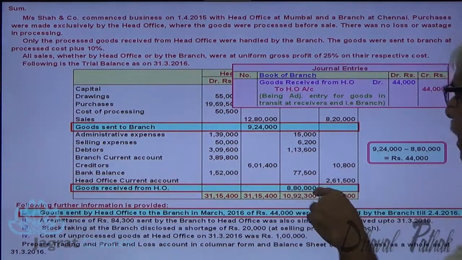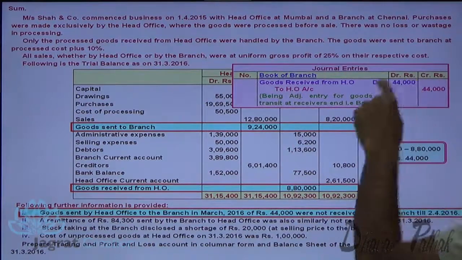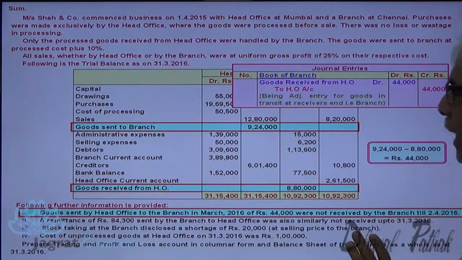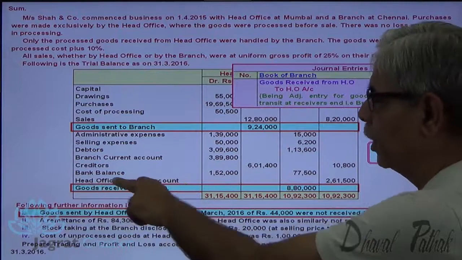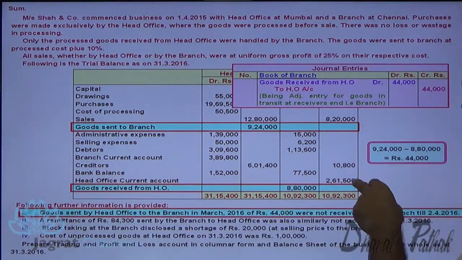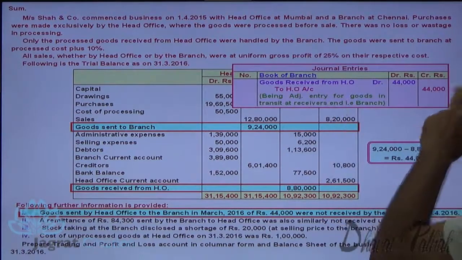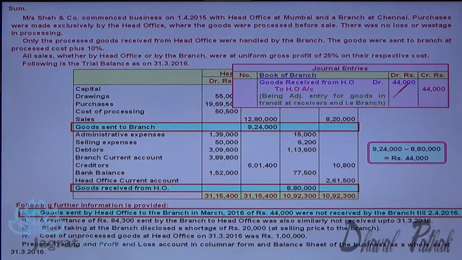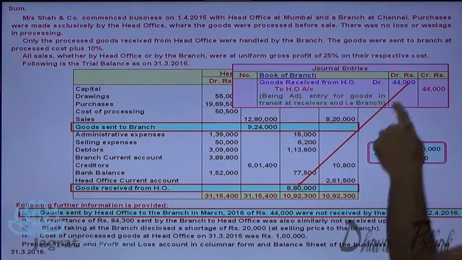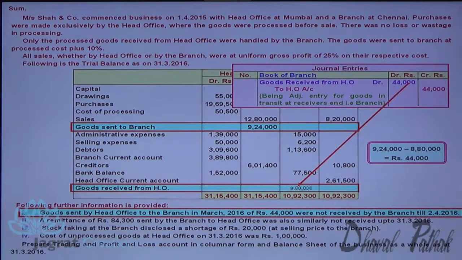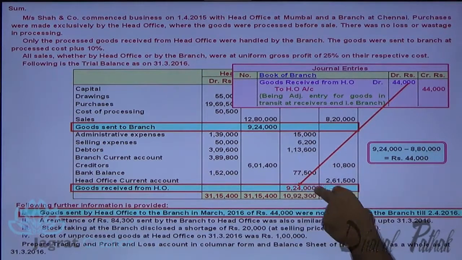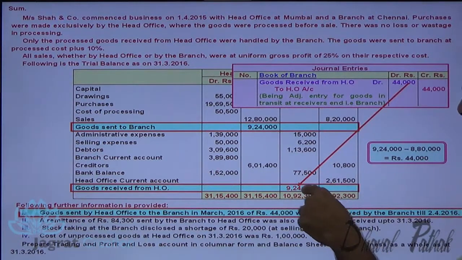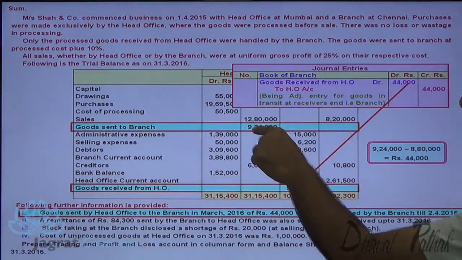So 8,80,000 plus 44,000. And here the head office current account 2,61,500, HO account 44,000. So second credit effect will be given here. Just observe. I will add 8,80,000 plus 44,000. So this value becomes 9,24,000, which is exactly matching with this goods sent.